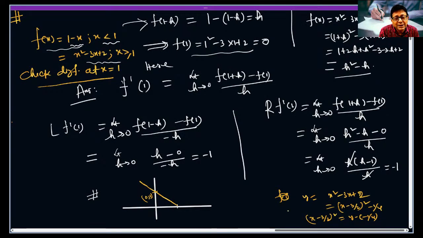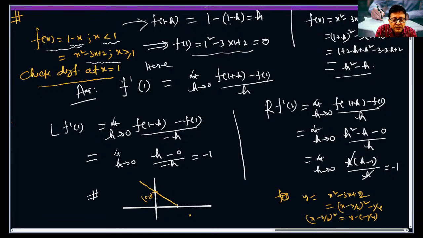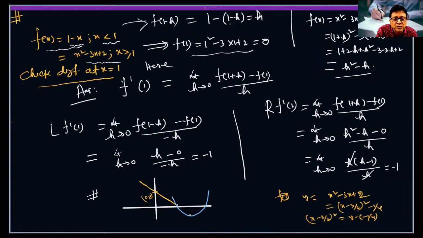Okay, and it will lie just after the point 1. The graph is 3 by 2 somewhere like this, minus 1 by 4 somewhere like this. Okay, if you start plotting it, the graph of the function is going to be almost like this.